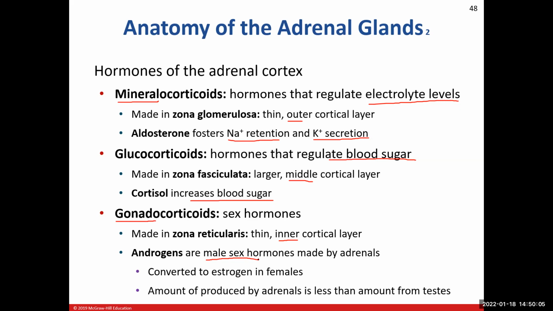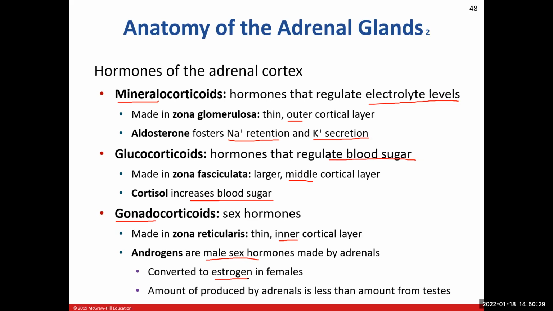For males, predominantly the testicles produce testosterone, but the adrenal glands will produce testosterone also. And those androgens, if you're a female, will be immediately converted into estrogen.